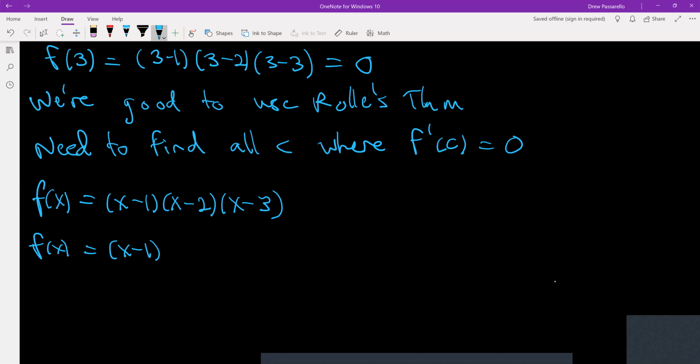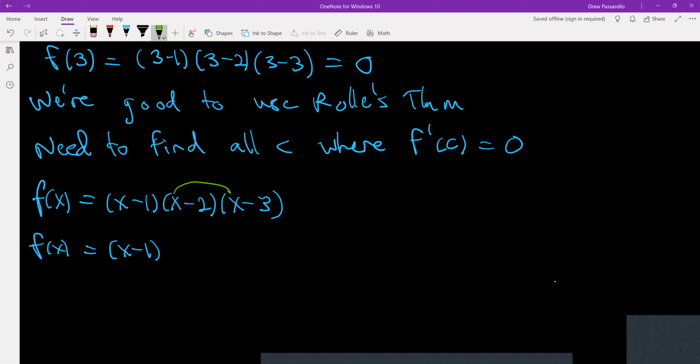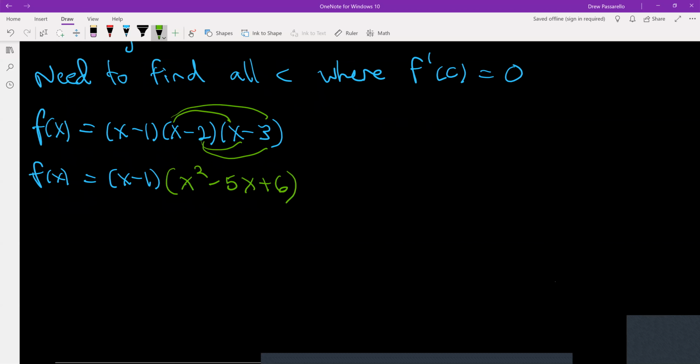I'll first expand out the x minus 2 times x minus 3. That's going to make this x squared, and then minus 3x and minus 2x makes minus 5x. And then minus 2 times minus 3 is plus 6. All right, so that's what that is.